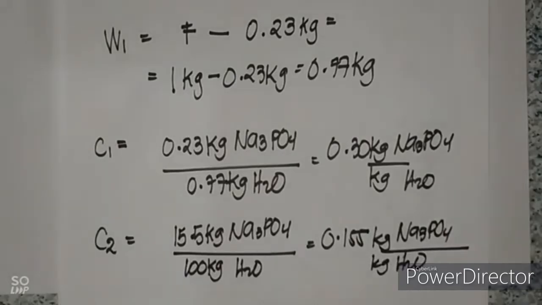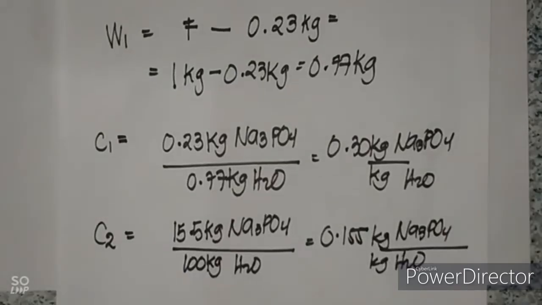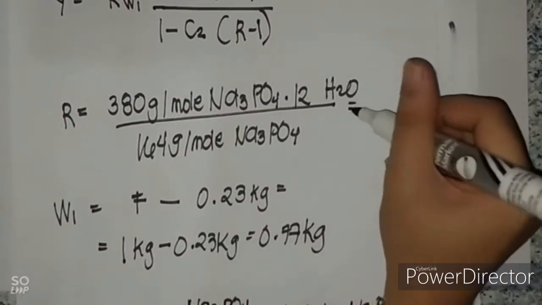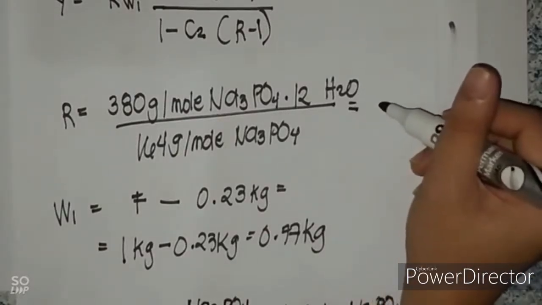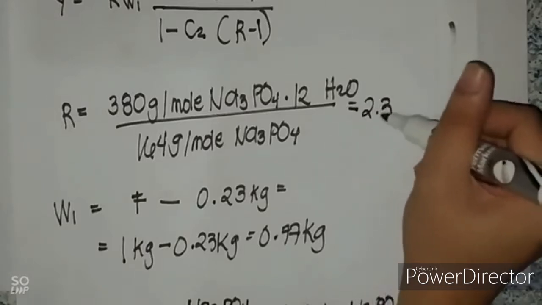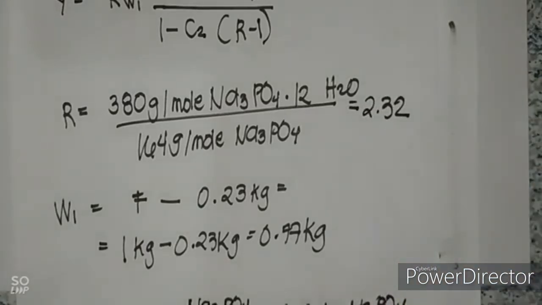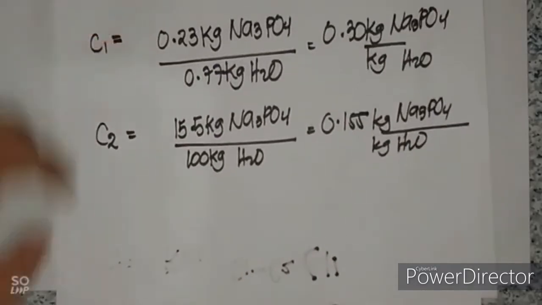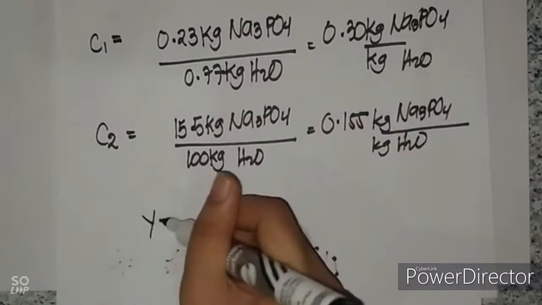Now we go back to calculating the value of R since we haven't calculated it. That's 380 gram per mole over 164 gram per mole, and that would equal 2.32.